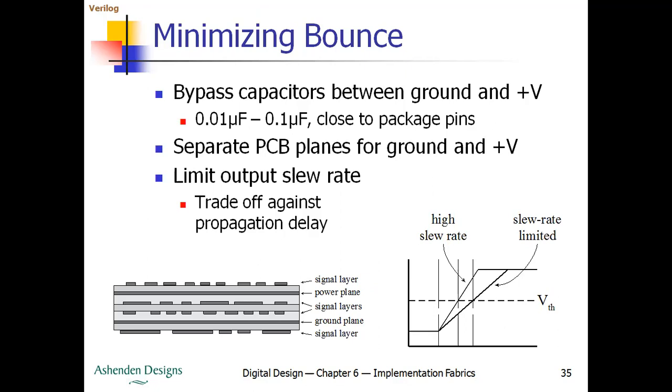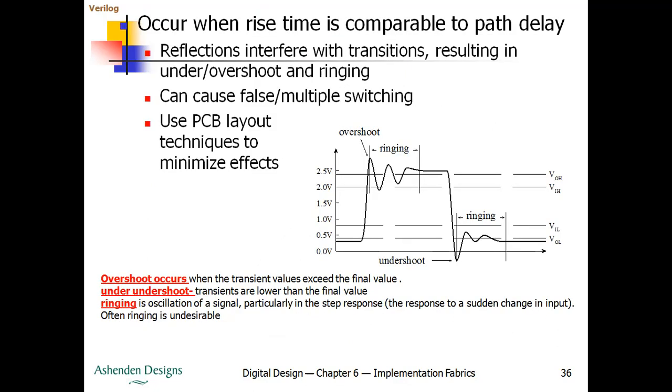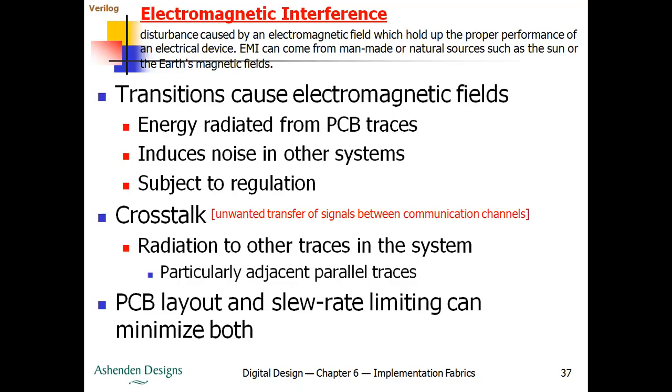So next is electromagnetic interference. Electromagnetic interference is basically the disturbance caused by the electromagnetic field, which hinders the proper performance of an electric device.